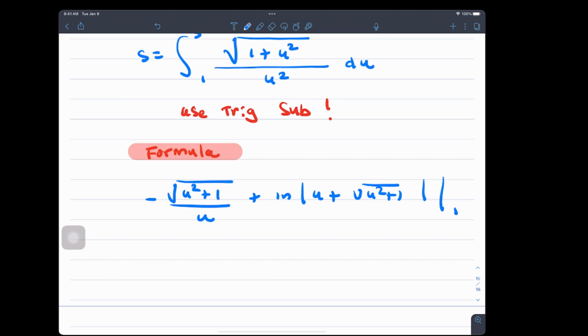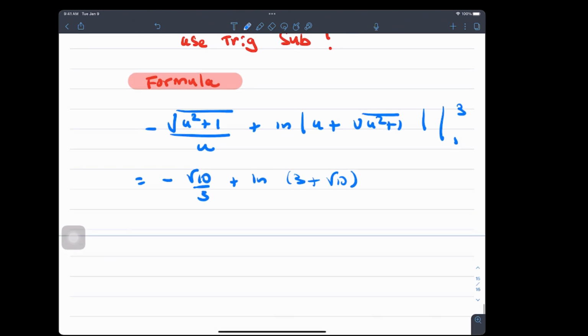So if I evaluate that from 1 to 3 for u, you get minus square root of 10 over 3 plus natural log of 3 plus square root of 10, plus that square root of 2 minus the natural log of 1 plus the square root of 2.